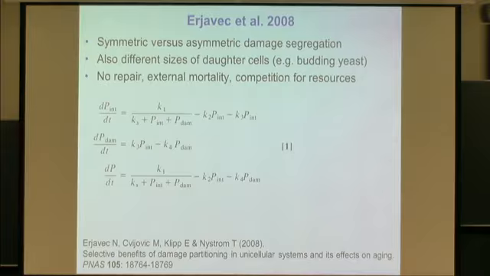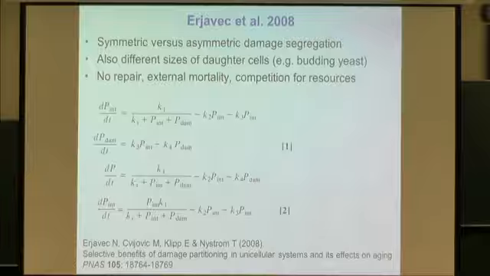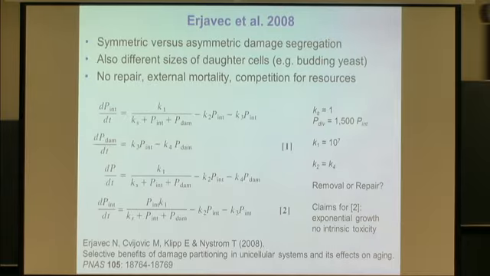The second part of their model is what they call exponential growth, because there's p int here in the numerator. But actually, if you look at the parameters, ks is 1 and p int p dam is around 750 to 1500, so ks is practically negligible.